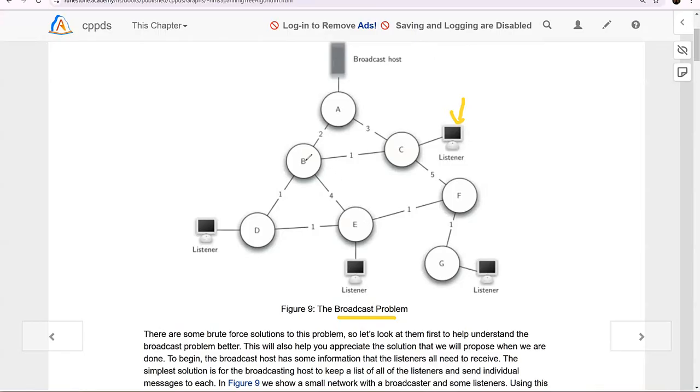So basically, you can pick this one right here, this one, this one, maybe this one right here and this one right here. So in this way, you will connect all of the listeners using a minimum spanning tree. Okay, so it can be used for the broadcast problem. It can be used for connecting cities or a freeway system, which will give you the minimum construction cost.